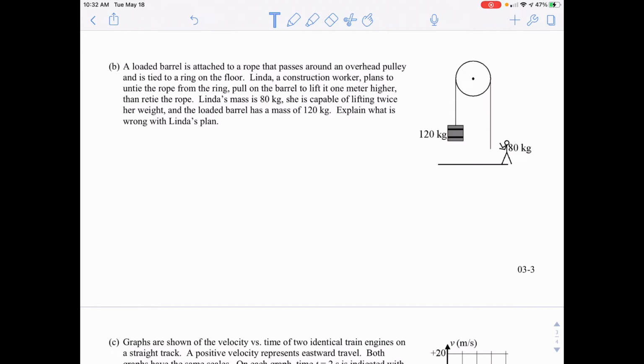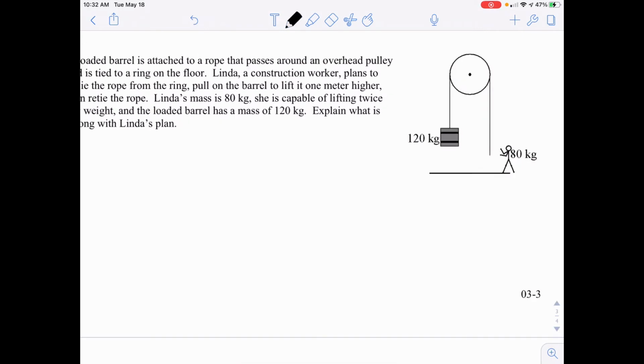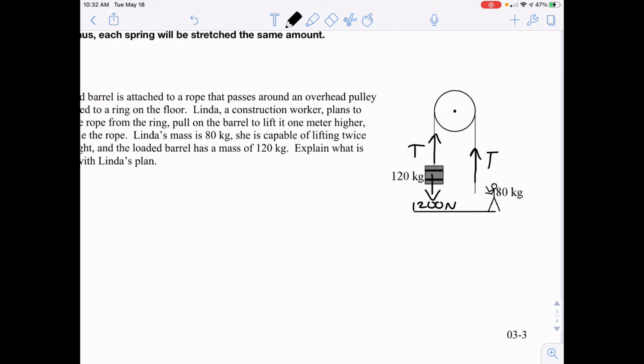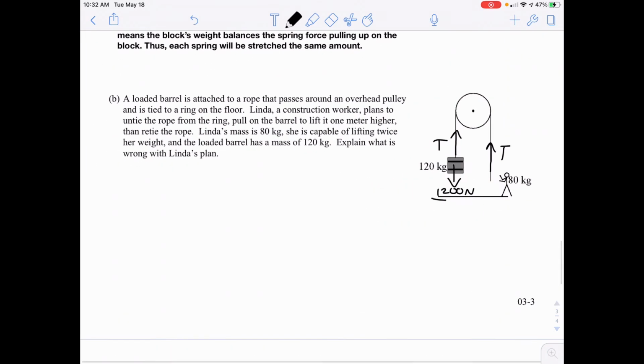Well, if we examine what's going on here, if she were to pull on the rope, tension would be pulled up in this direction. But the barrel itself has a weight of 1,200 newtons pulling down on it, and it would have tension pulling up that same way. The problem with this is that Linda's weight is only 800 newtons.